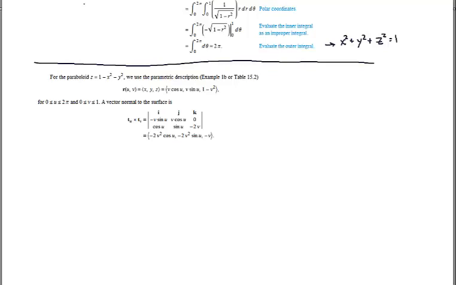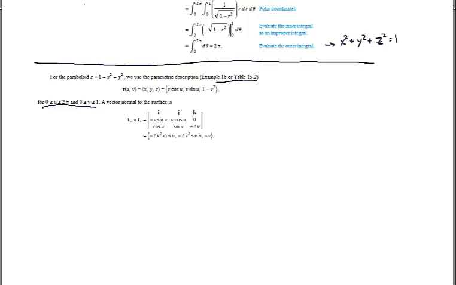So for the paraboloid, here is our function, here is our parametric description that we found in 1b, with the limits on u and v, where u goes from 0 to 2 pi and v goes from 0 to 1. And then there is the normal vector here and its calculation.